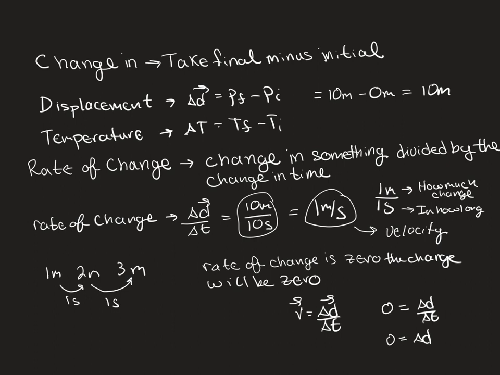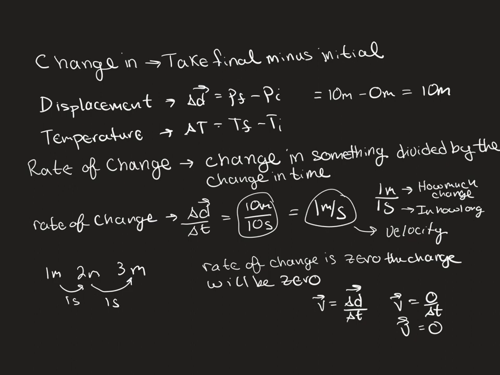And we can do this the other way around. If we start again with displacement over time equals velocity, and I plug in 0 for the displacement, 0 divided by anything is still 0, so our velocity is 0. So when the change of something is 0, our value remains constant.